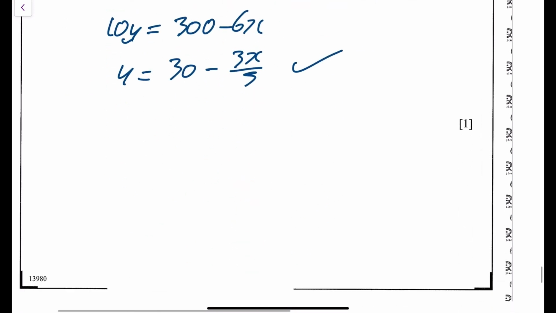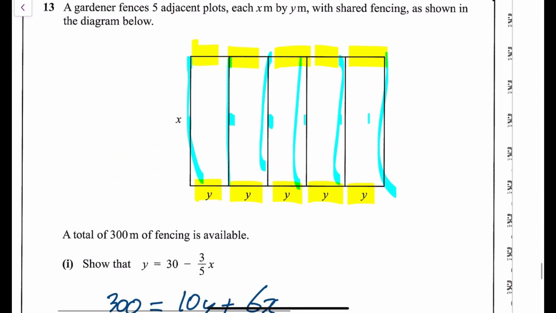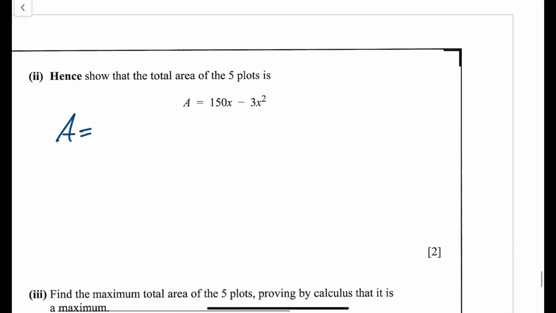Lovely, nice easy mark. Next question says, hence show that the total area of the 5 plots is equal to this. So your area is going to be, one of these would be an xy, and you've got 1, 2, 3, 4, 5 of them, so the total area is going to be 5xy. So your total area is going to be 5x times your y, which you just worked out to be this thing.